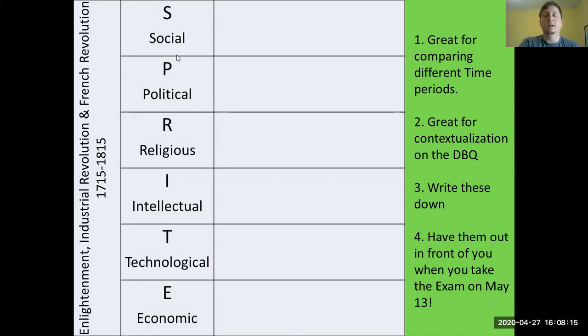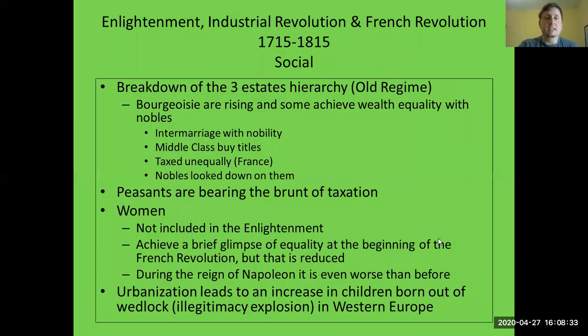Just understand that the different boxes on the chart are different sizes for each sprite chart. And again, these should be out in front of you on your desk when you take that exam on May 13th at 4 p.m. All right, let's get down to it.